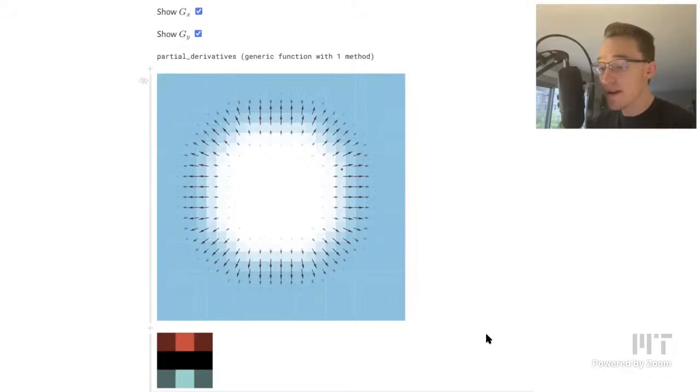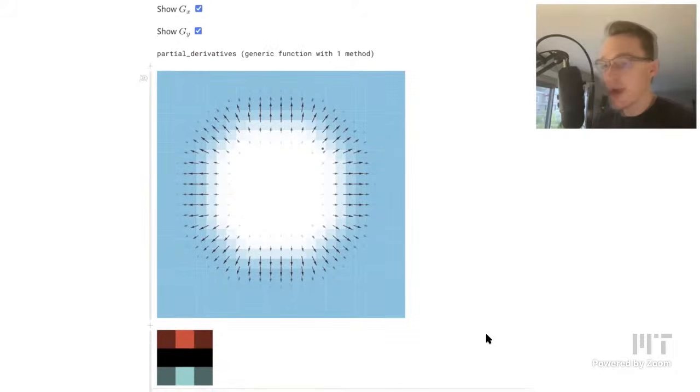And then the y component tells you how much you change as you move up and down, the partial derivative with respect to y. When you package those together, it gets you a vector that points kind of in the direction of greatest change. So often it's described as the direction of steepest ascent.